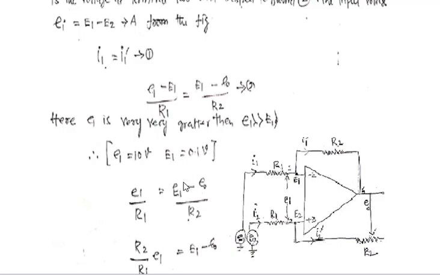We include E1 there because if we don't, the sign of the equation will change. So even though it is a very small voltage, 0.1 volts, we do not eliminate it. So this equation is modified into small e1 divided by R1 is equal to capital E1 minus E output by R2.